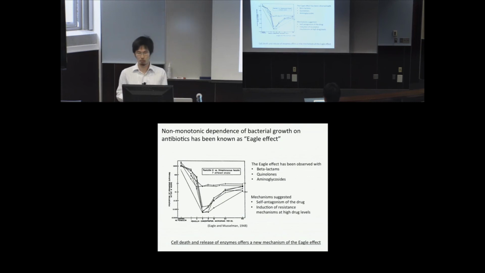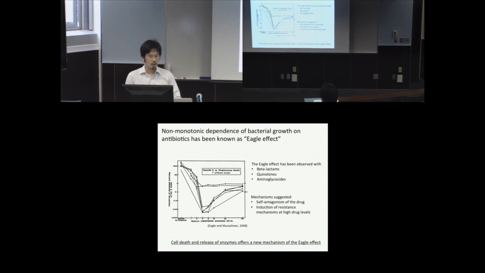It has nothing to do with the bird. In this experiment, he used different strains of Streptococcus and looked at the response to penicillin. On the x-axis is penicillin concentration, and on the y-axis is the final cell density. They observed a very drastic non-monotonic response to this drug in some of the strains.